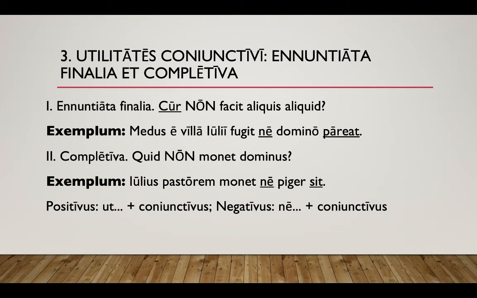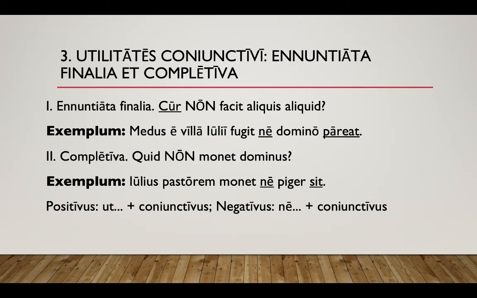Julius pastorem monet ne piger sit. Julius advises the shepherd, our regular indicative sentence, that he not be lazy. There's our completivum. Ne piger sit. So if we want to say something positively, why someone's doing something, we use ut and the conjunctivus. When we want to say in enunciata finalia negatively, we use ne plus the conjunctivus.